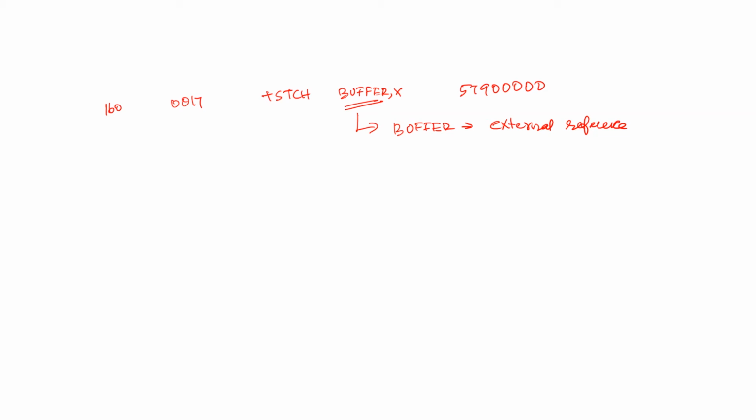See line 160: 0017 plus STCH buffer,X, object code 5790000. Here you have to refer to buffer, which is an external reference, because buffer will not be defined inside this control section.